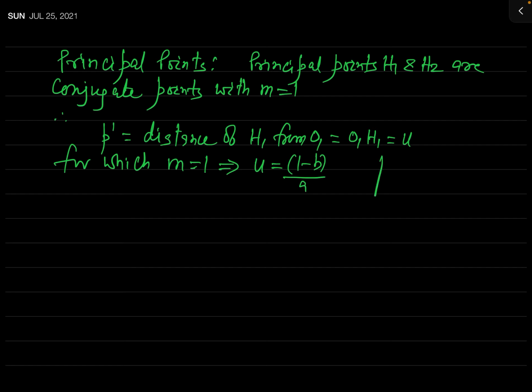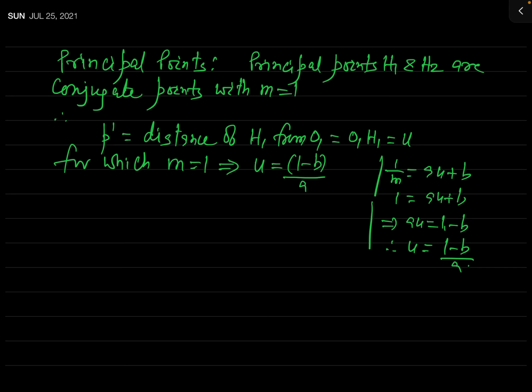You can check it. In fact, you have seen that 1 over m is equal to au plus b, and m is 1. So 1 will be equal to au plus b, and from here you can see au is equal to 1 minus b, and therefore u is equal to 1 minus b by a.